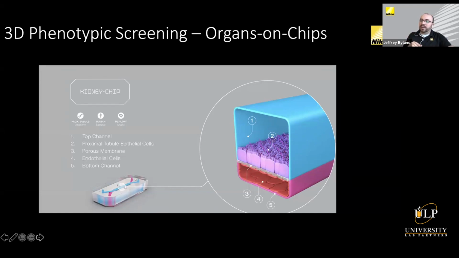And here now we have an interface that mimics a functional region of the kidney where endothelial cells are interacting with proximal tubule cells, and you can flow in through that endothelial lumen different compounds, drugs, toxicants, and then you can look and see how this kidney model responds.